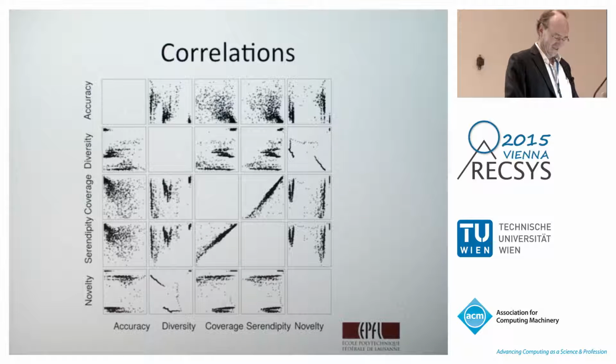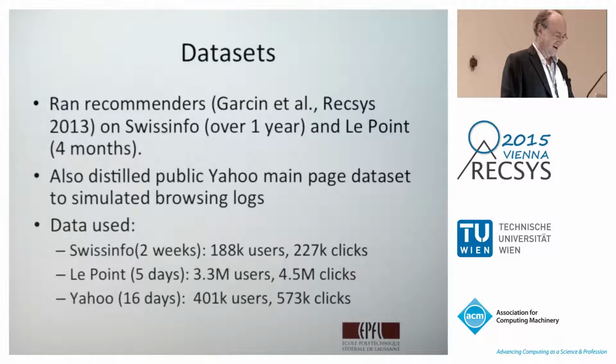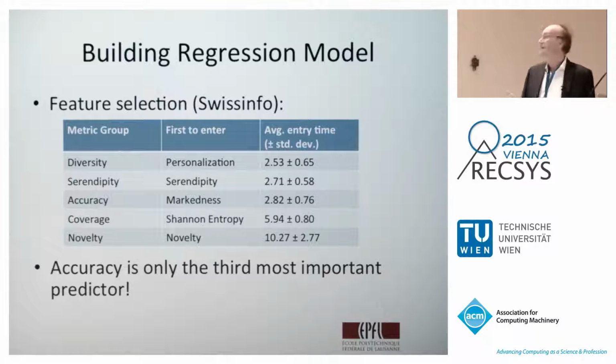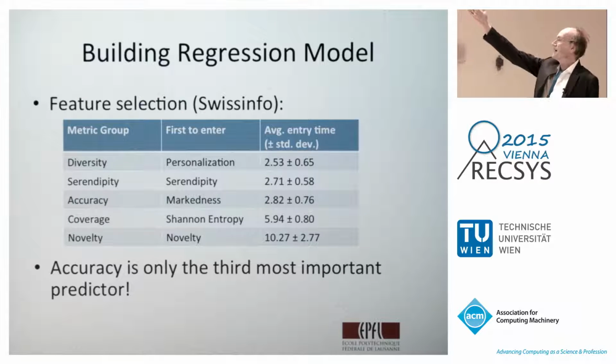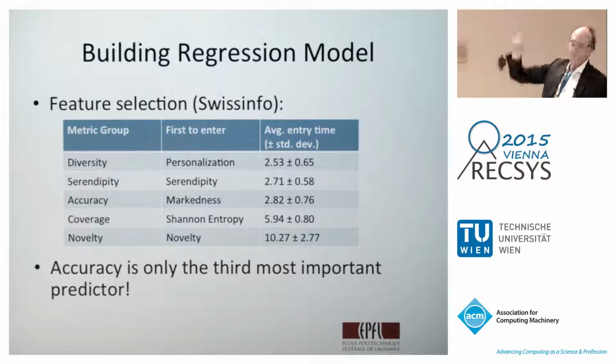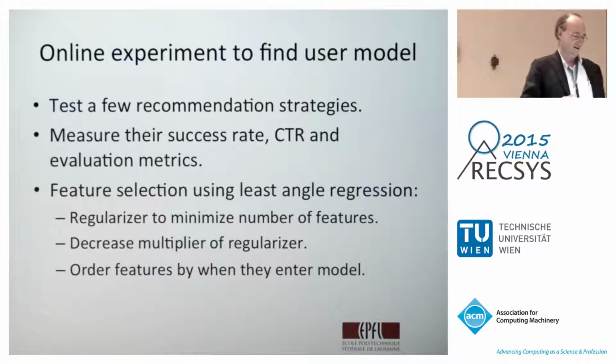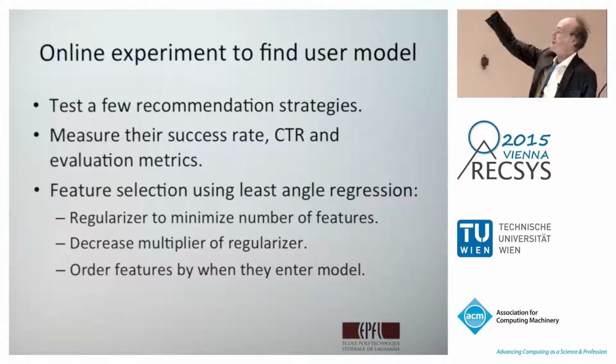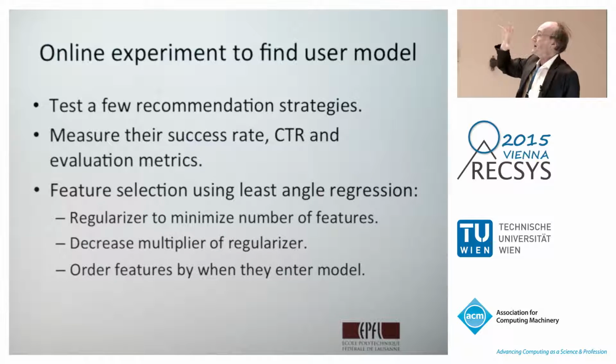I guess if I ask this question, you think that it's not going to happen. So actually, we performed a least angle regression to see how these different metrics in fact entered into the prediction.